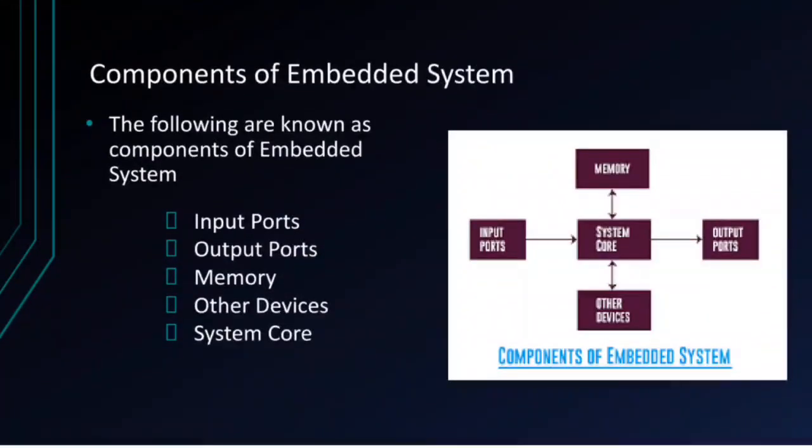These are some components of embedded system: input ports, output ports, memory, other devices, and system core. Input ports are connected with the microcontroller or microprocessor and sensors, to take the input from the sensors and pass it to the microprocessor.